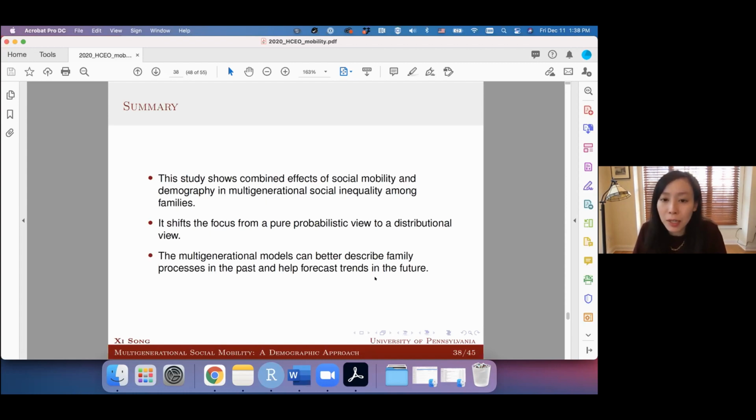And his argument is that we need at least 5 generations of data to identify the effect of grandparents and 6 generations of data to identify the effect of great-grandparents. So the basic point is that we need more data. If we only have three generations of data, we cannot identify the effects of grandparents. But thank you.